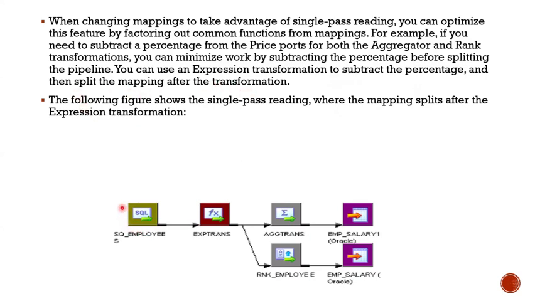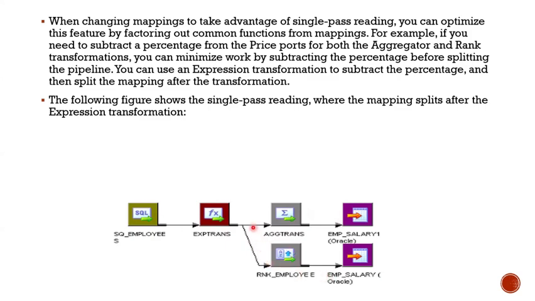Here is an example. There is one single source qualifier, then a single pass reading where the mapping is split after the expression. After that the mapping is split, there is an aggregator and a rank. Previously there were two mappings. The source is the same, the expression is also there, and they aggregate that information and transfer it into a table. In the second mapping, also using the same source and expression, they get the rank.